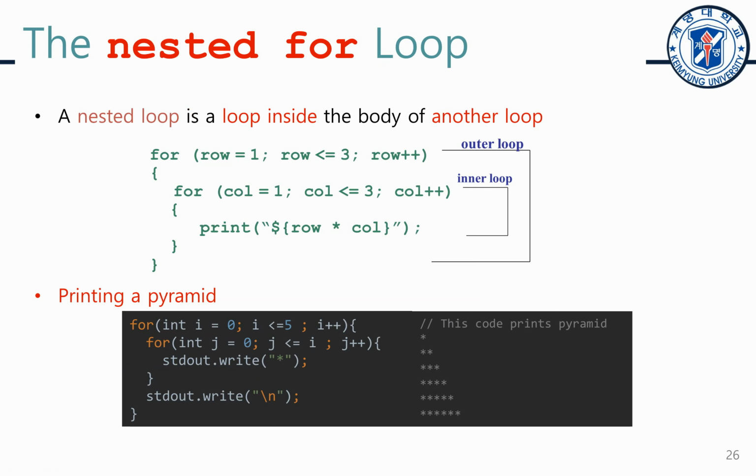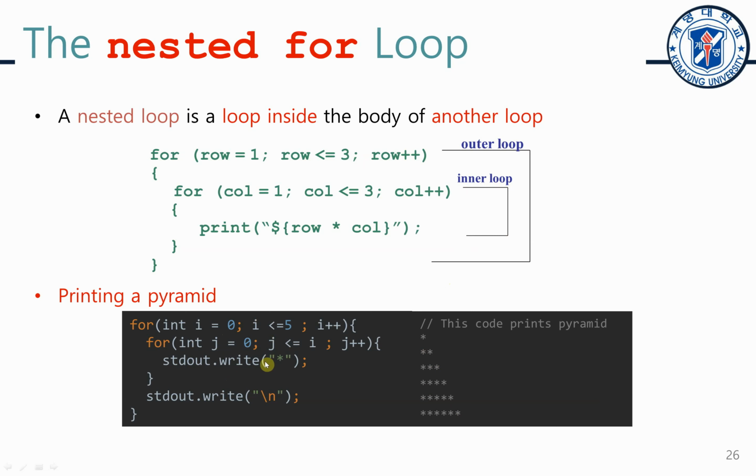The nested loop is a loop inside of another loop. So we have the inner loop as follows, and we have the outer loop as follows. For instance, we can do some fun experiments like printing a pyramid by nesting a loop.